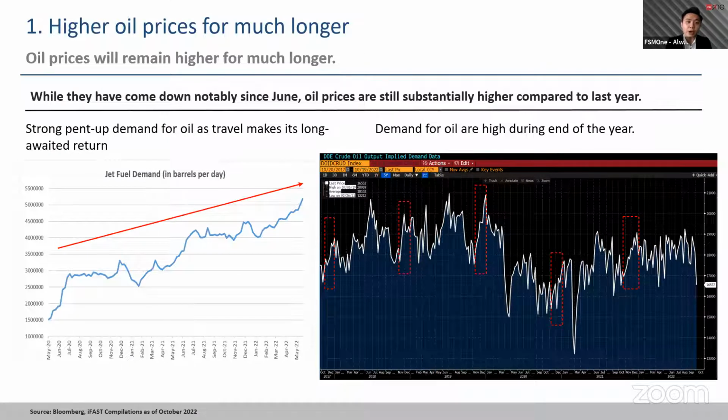First, higher oil prices. Oil prices will remain higher for much longer. This is because the Russia-Ukraine war has caused commodity prices to skyrocket, especially oil prices. And even then, the demand for oil isn't at its full capacity yet, because China is still implementing the zero-COVID policy, and many countries are still under lockdown measures.